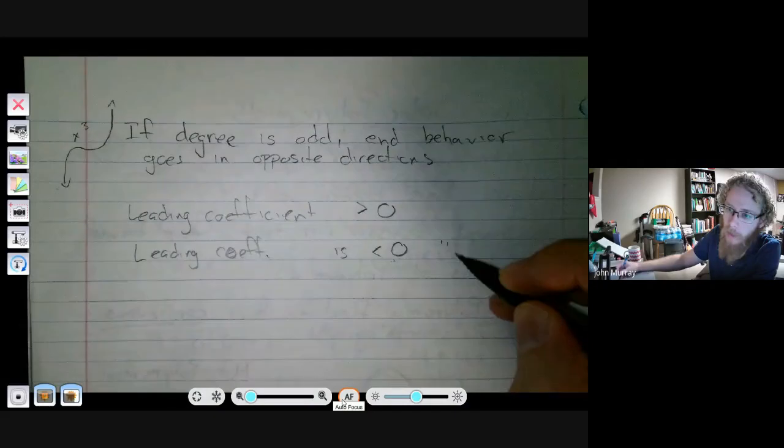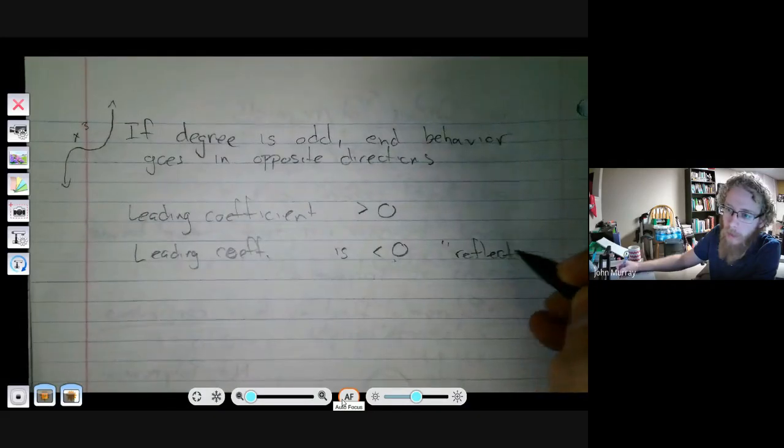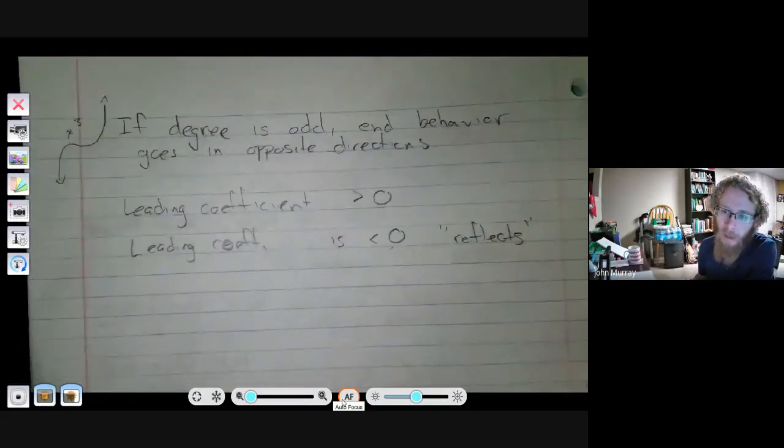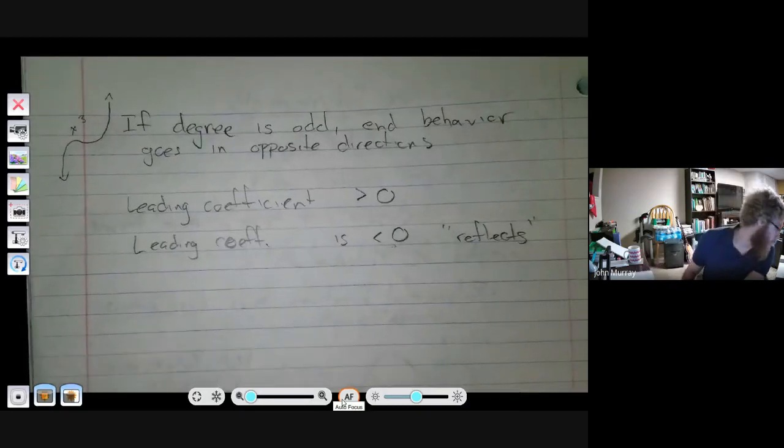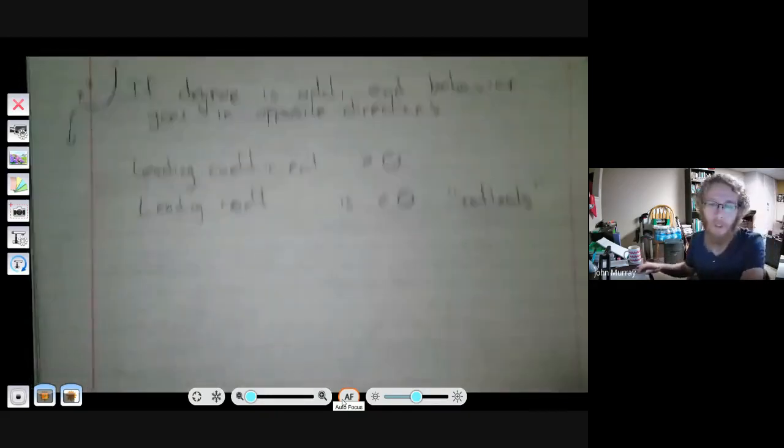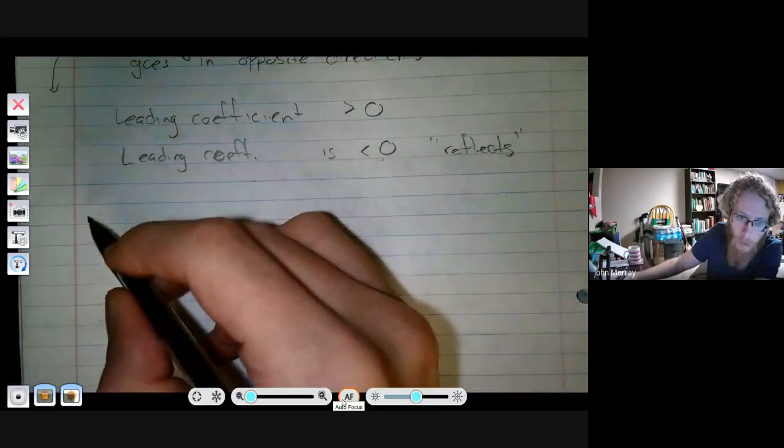When this happens, it flips the graph, it reflects it, okay? So that changes everything. So what I'm going to do is make a little chart to show you each situation. All right, so we'll start with odd.